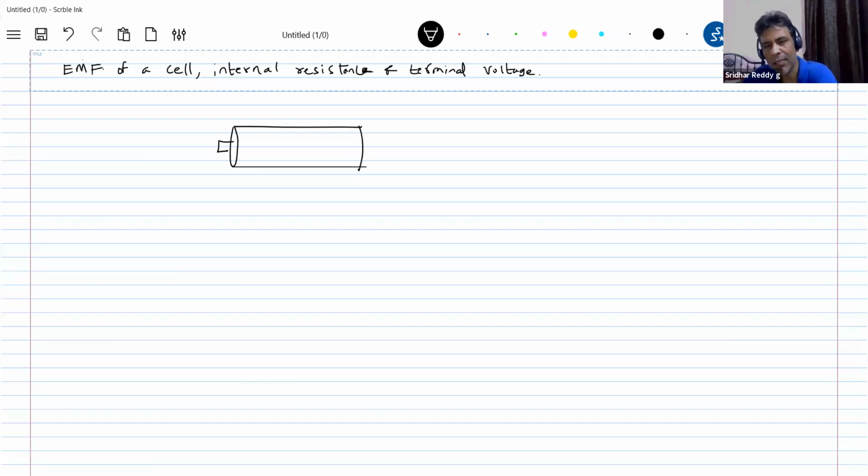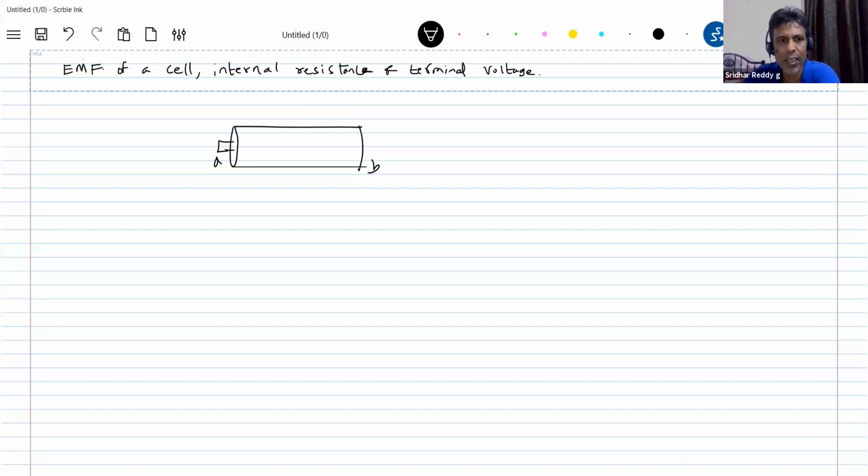The dry cells and the wet cells have the same mechanism and the same working, but the equations will be a little bit different. Let me consider this one. These are called terminals, where you utilize the cell to connect to an external circuit. The points which you use for the external circuit are called terminals.